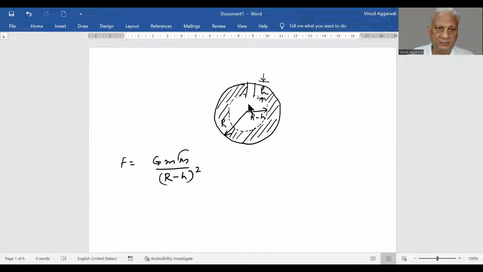Now this M will not be the full mass of the Earth.